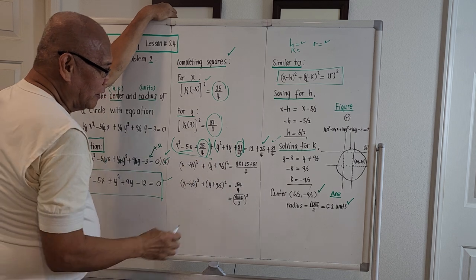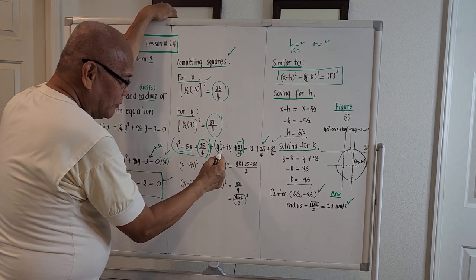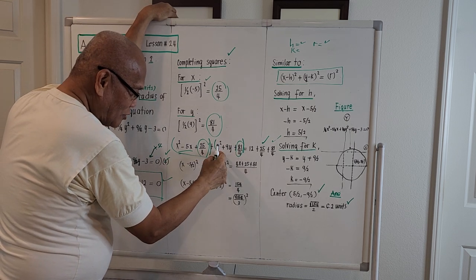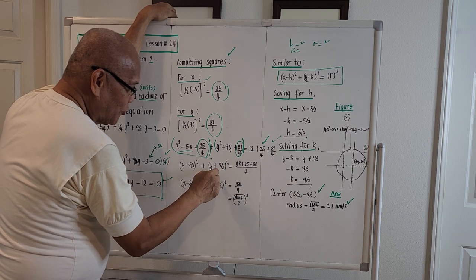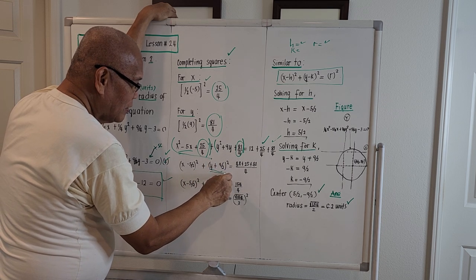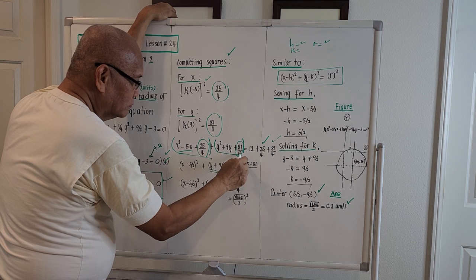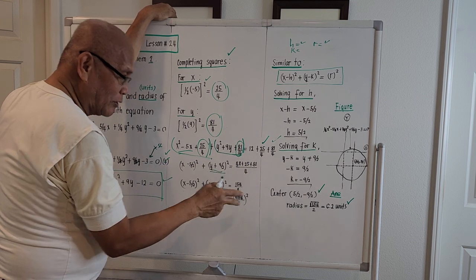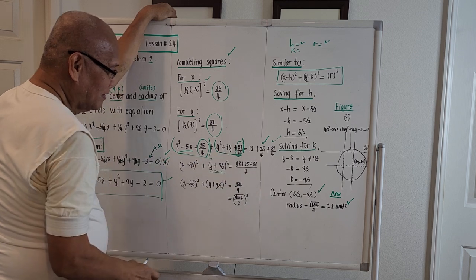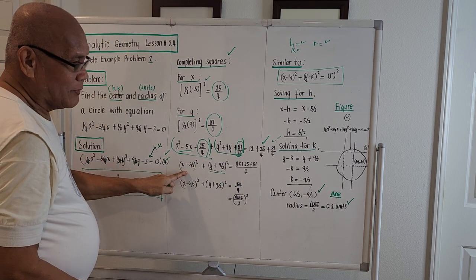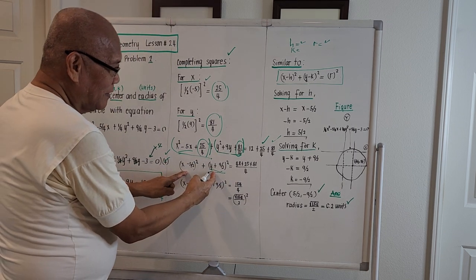And the binomial equivalent of this one is actually y plus 9 over 2 quantity squared, because if we try to expand this one, what will come out is this one. But this could be factored to a binomial y plus 9 halves quantity squared. A perfect binomial.